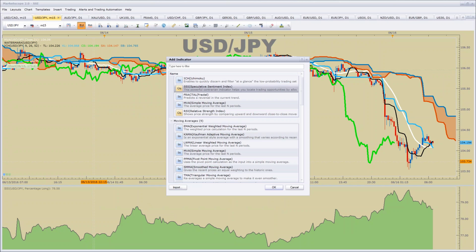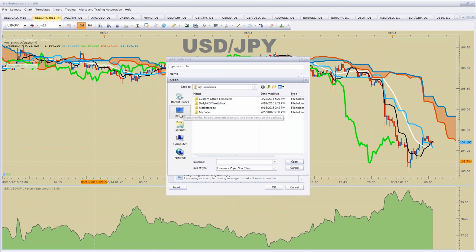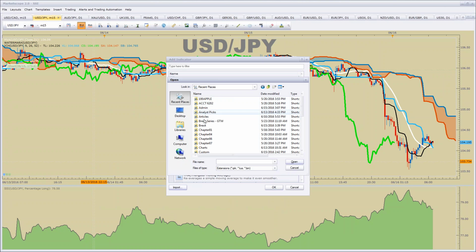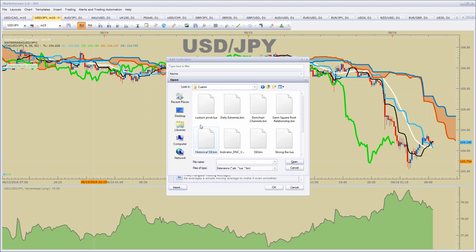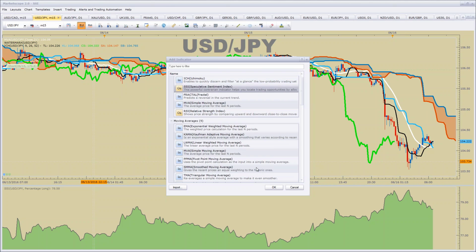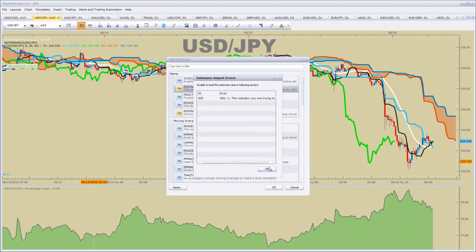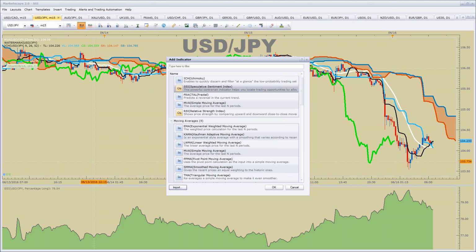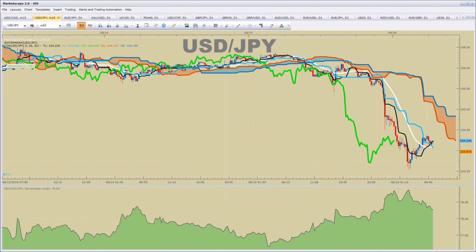This is what it's going to look like in real time, but you can go to import, find your custom indicator folder, open it, and then you just install the indicator. And it's going to say you already have that indicator, but if you don't, that's the very simple process, and then you'll be able to find it in your indicator list.